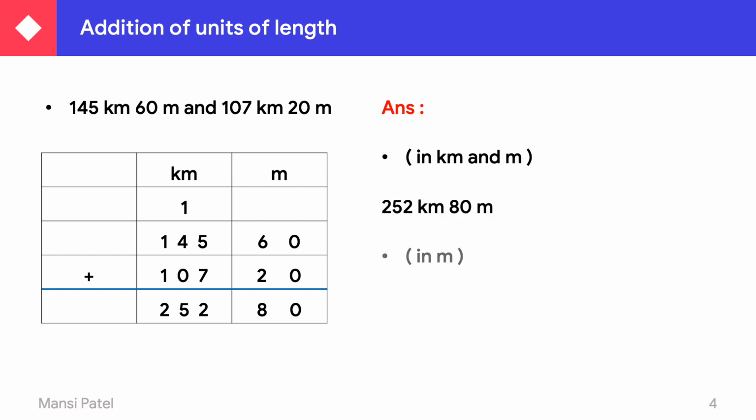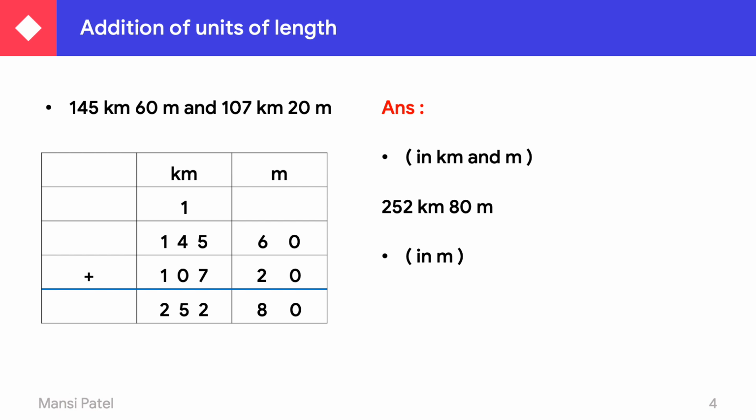But if they give the instruction in the question that you have to convert your answer into meter, then you have to convert this 252 kilometer into meter, and then you have to do the addition of the other meter.